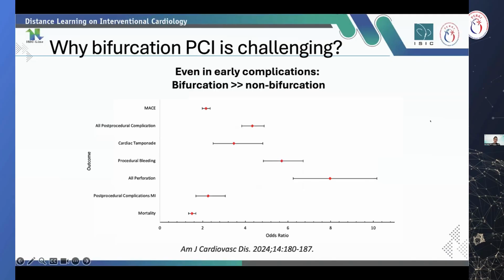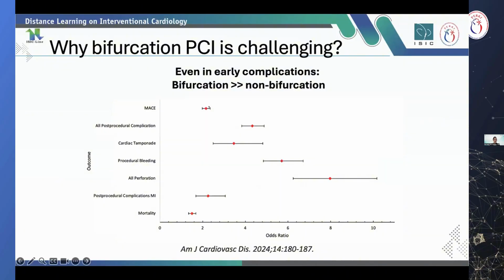We also need to care about the early phase just after bifurcation PCI. This data clearly shows bifurcation PCI is associated with a higher rate of adverse cardiac events even in the hospitalization phase.